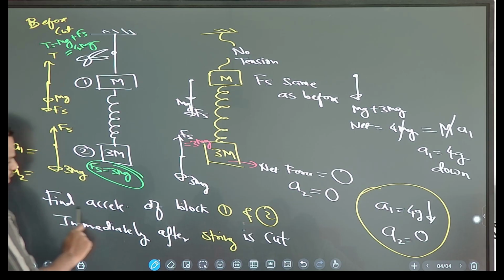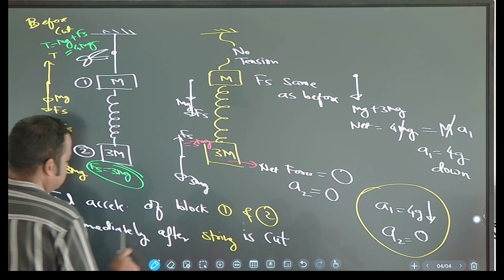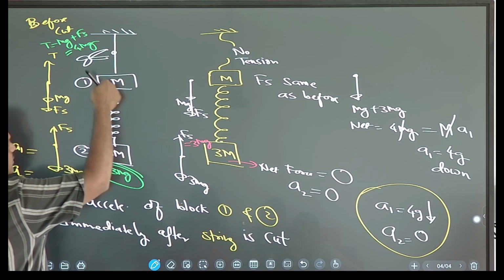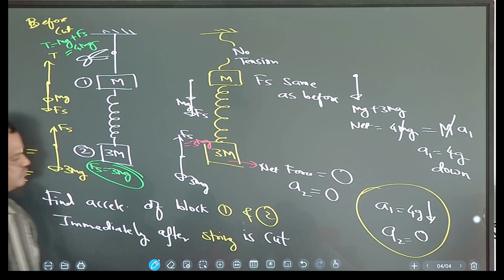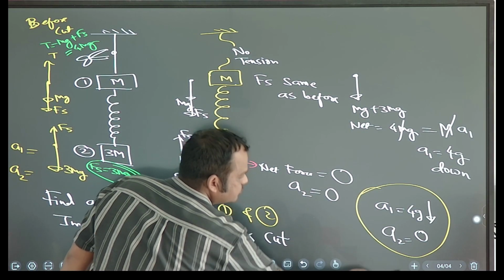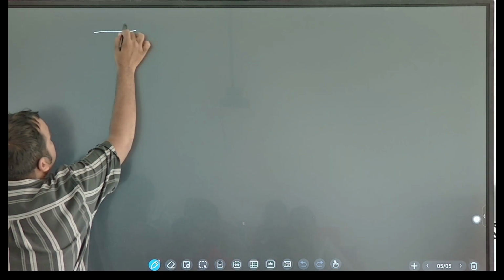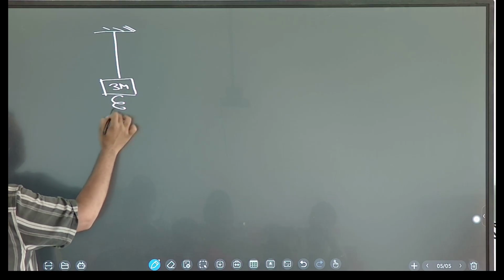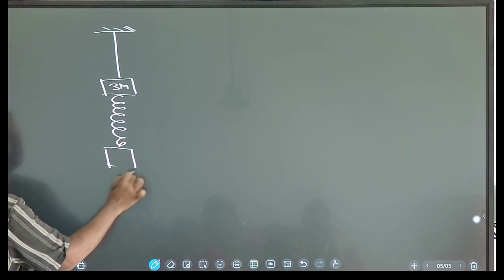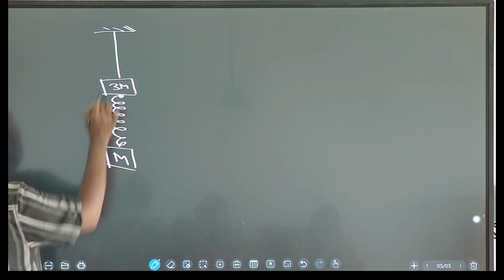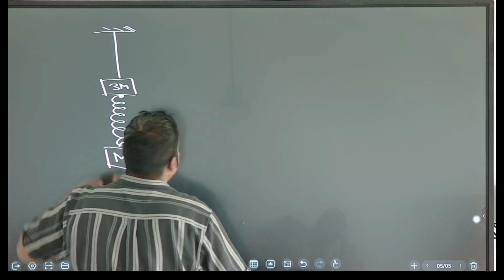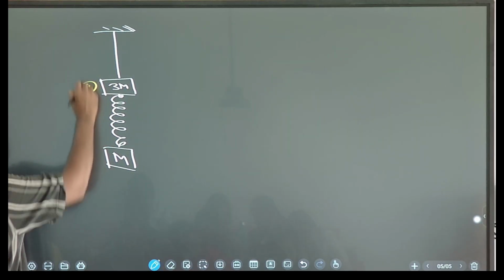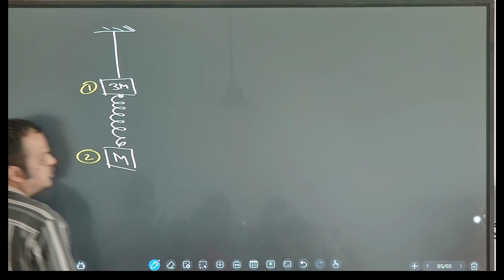Same question: find the acceleration of blocks 1 and 2 immediately after the string is cut. String, 3m, spring, m. Okay, now solve this. This is block 1, block 2.